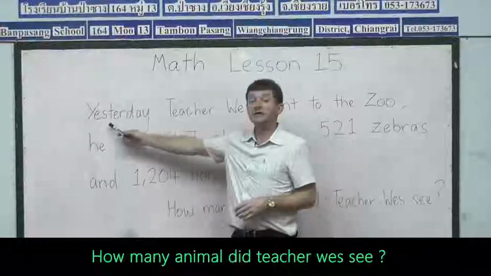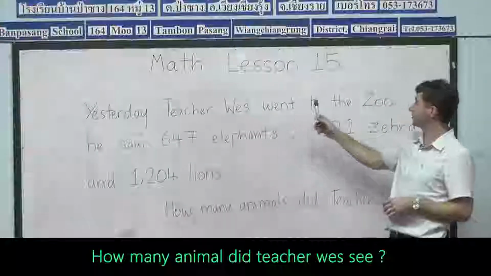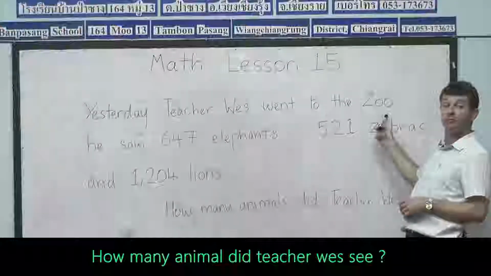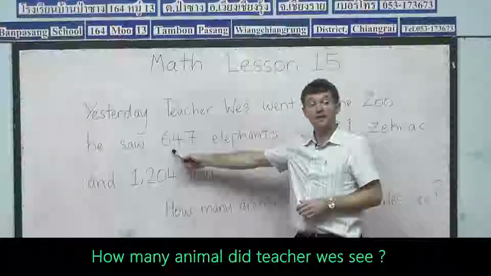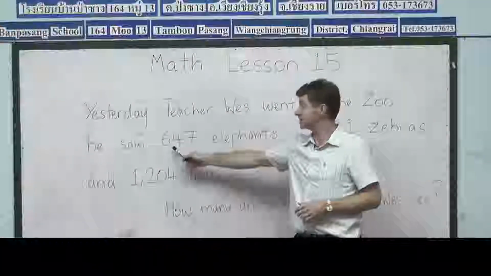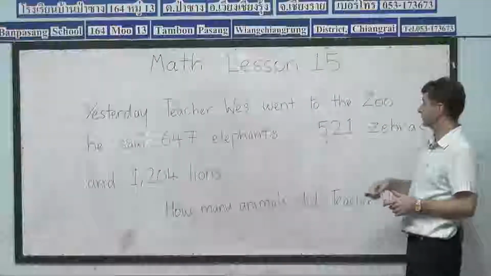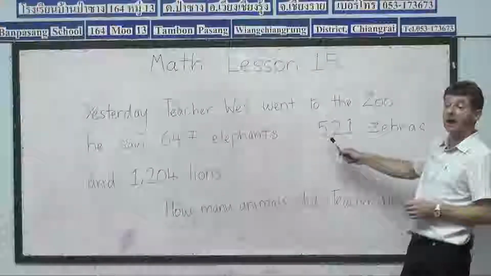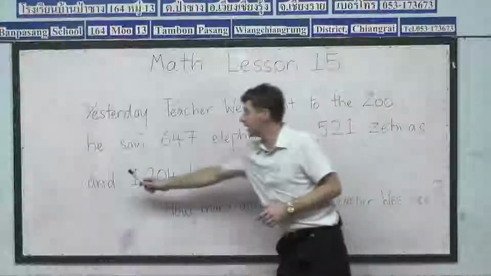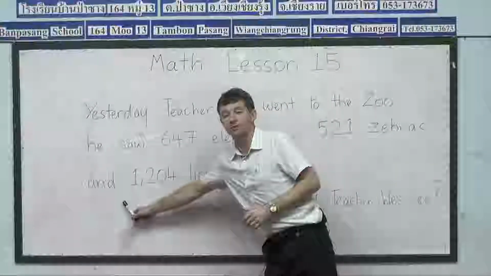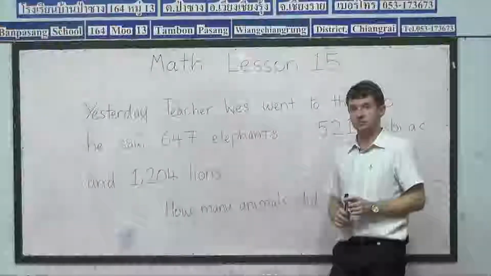Ready? Yesterday, Teacher Wes went to the zoo. He saw 647 elephants, 521 zebras, and 1,204 lions.